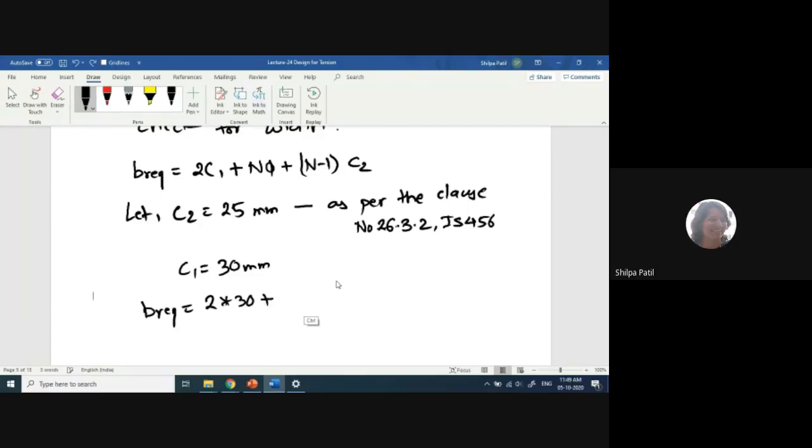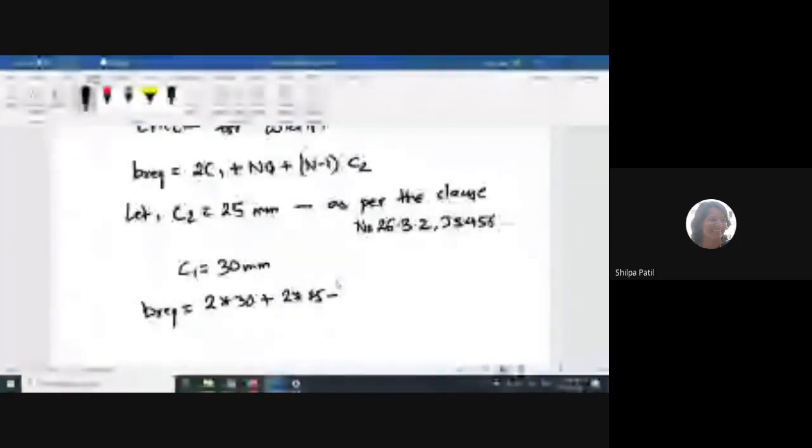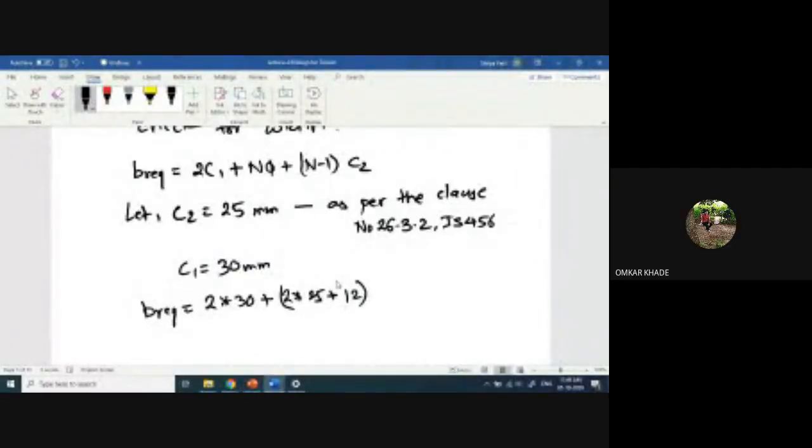There is also one bar of 12 mm, so I have considered here 2 bars of 25 plus 1 bar of 12, n into 5, and n minus 1. Now between all the 3 bars, C2 we have kept constant, so this will be 3 minus 1 into C2, which is 25.